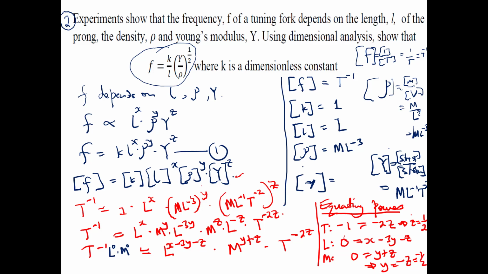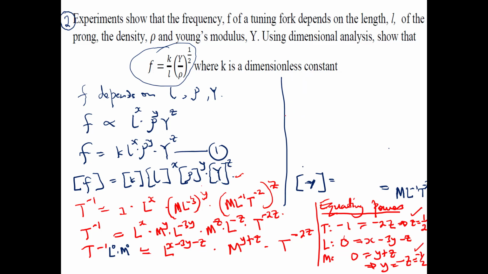So I've got the z, I've got the y. I can now substitute into this equation where I have the x to find the value of x. So I'll simply say that from my 0 equals x minus 3y, the y is minus a half, then minus the z, z is a half.